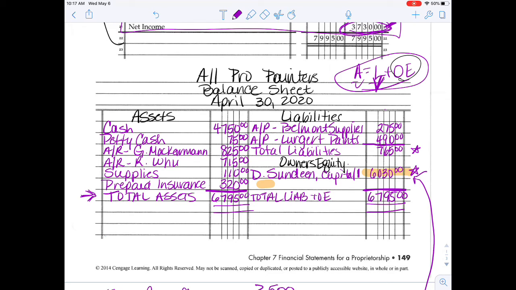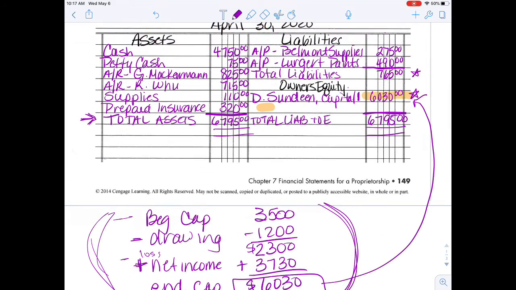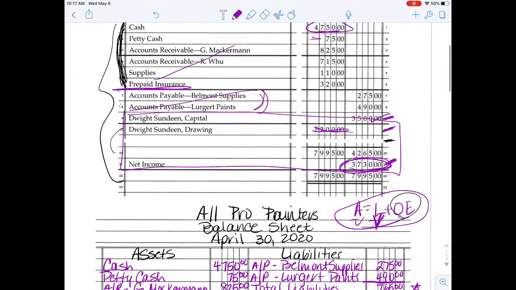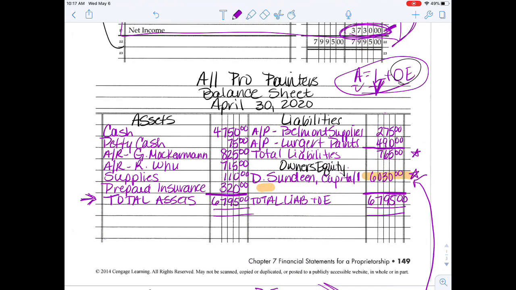Do not put drawing under there. You have to relook at the equation here and recalculate my capital, because we've just ended our worksheet, right? We figured out our net income, so now that needs to be reflected in here.